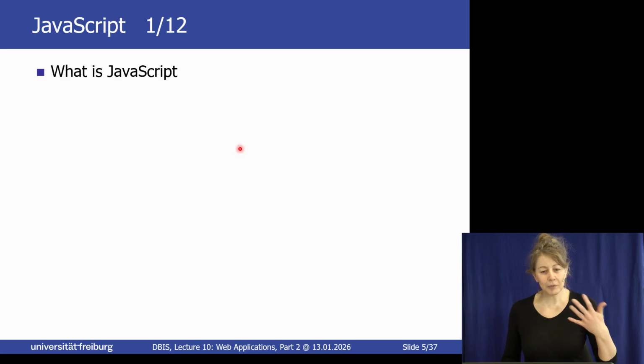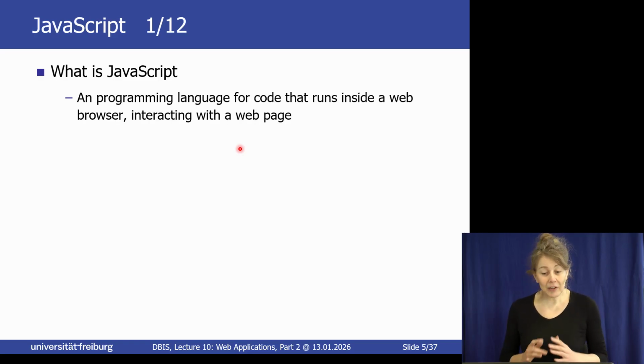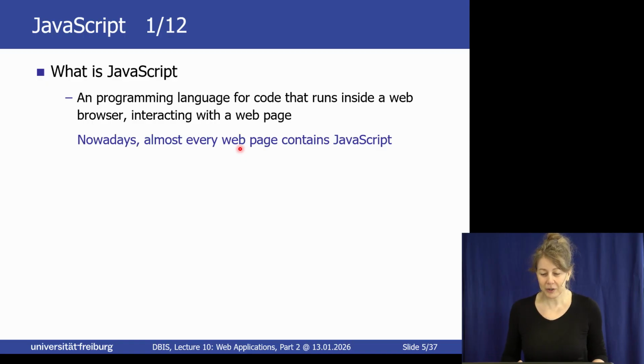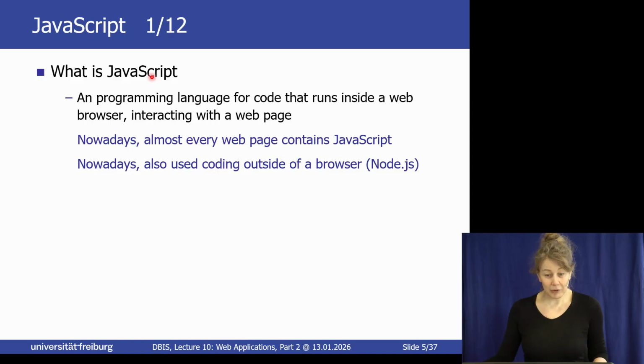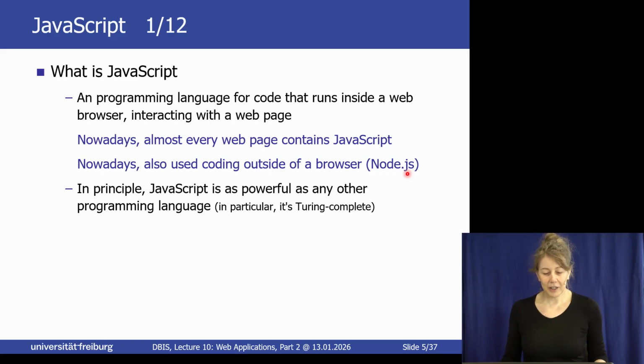So JavaScript is a regular programming language. It was designed for code that runs inside a web browser. You will see what that means. Nowadays, almost every web page contains JavaScript. You can also use it outside of the browser, Node.js, there are also other frameworks. It's a fully fledged programming language.